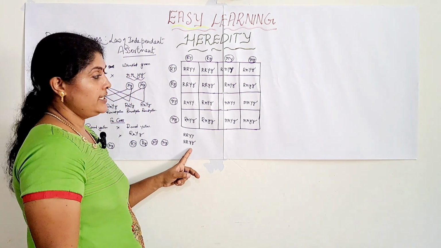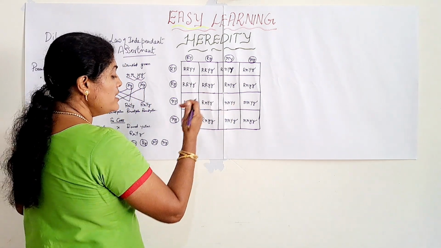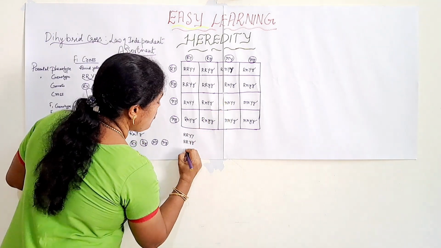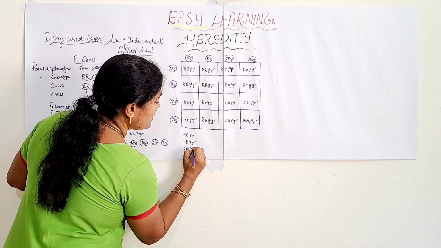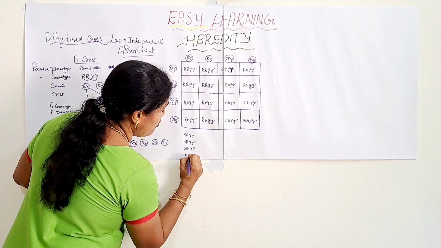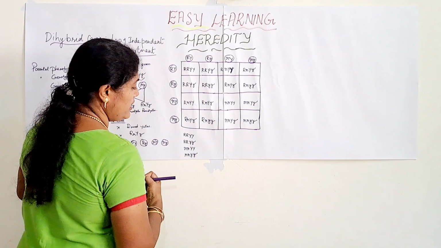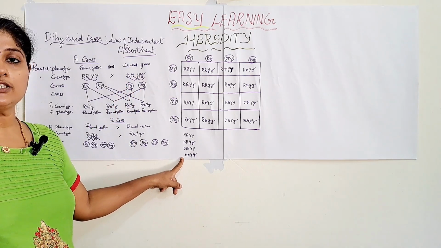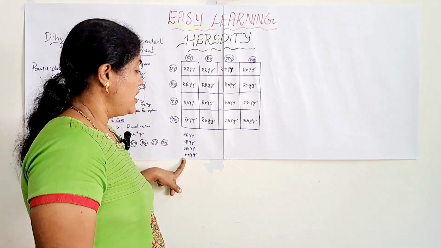This is another variety he has got. Next one, small r, capital Y, capital Y. This is another variety he got. Small r, small y, small y. These are the 4 varieties of seeds he has obtained in the F2 generation.